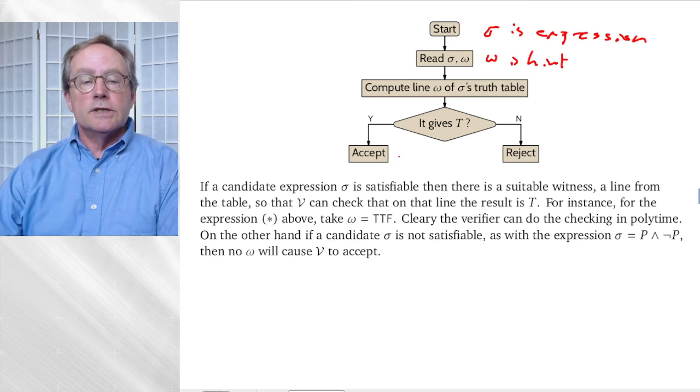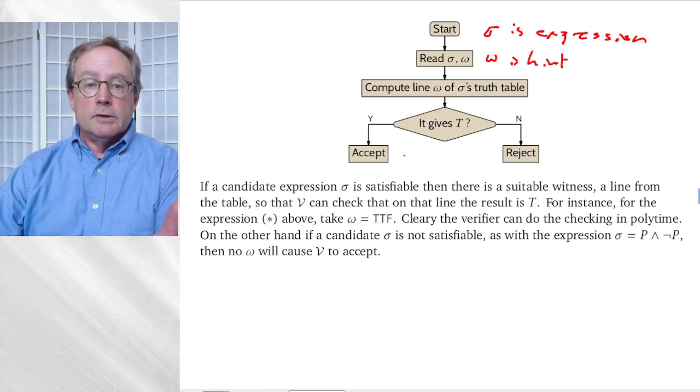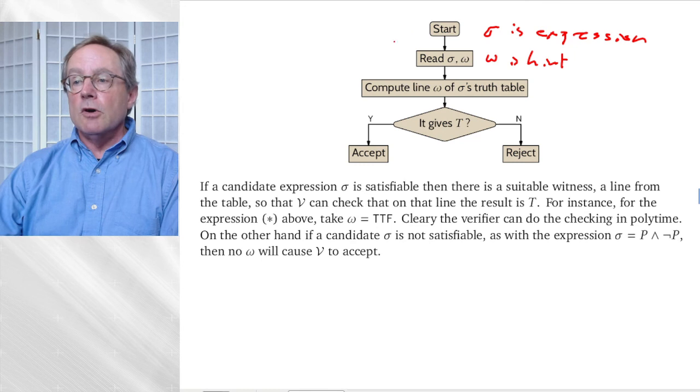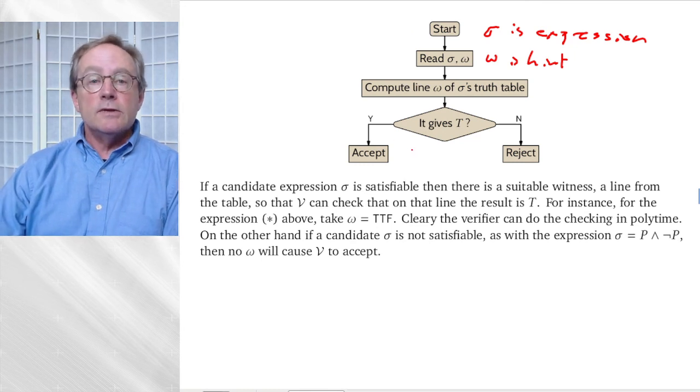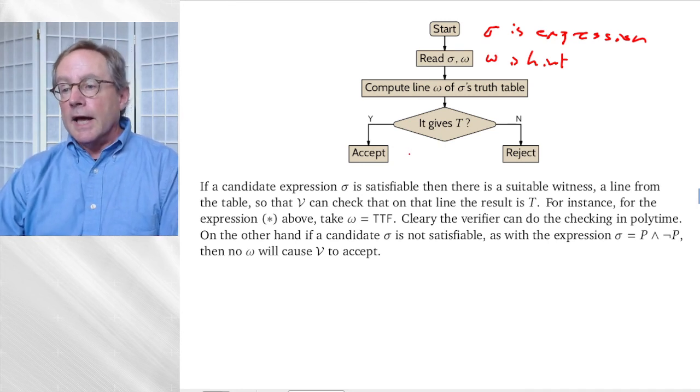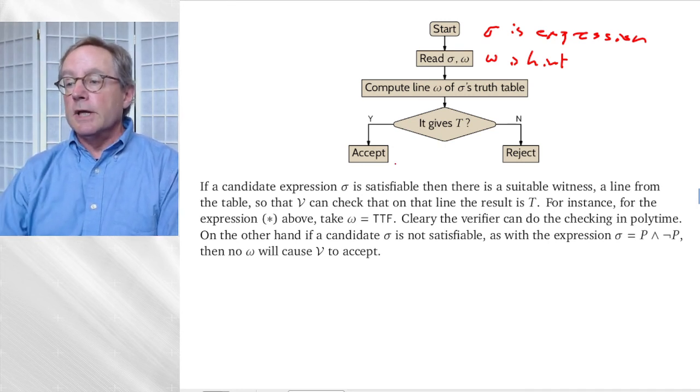If there doesn't exist an omega, then it doesn't matter. It's not going to do it in polynomial time. It's not going to do it at any time. It'll never accept. So if sigma is indeed satisfiable, then there's a suitable witness.